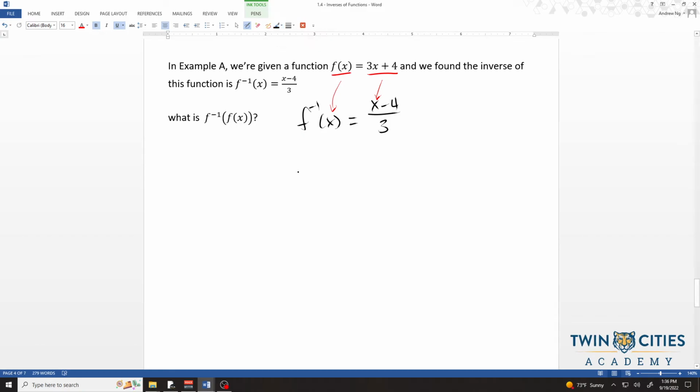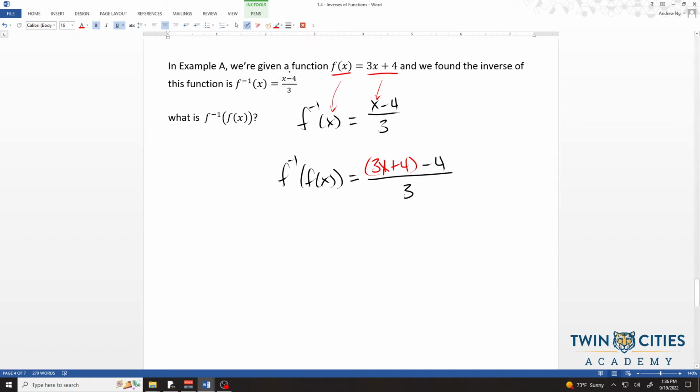That's going to be f inverse of f of x, plugging in f of x into f inverse, equals, instead of this x minus 4, this is going to become 3x plus 4. And then I'm still going to have everything else. So I'm still going to have minus 4 at the end over this 3. So all I've done is replaced this x here with the other function, 3x plus 4. Just to get 3x plus 4, and then minus 4 still, over 3 still.